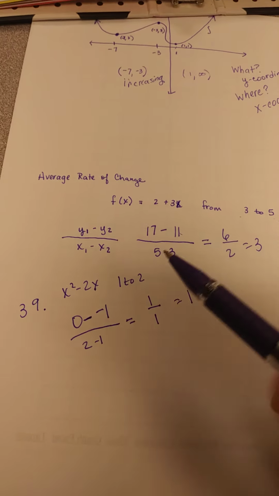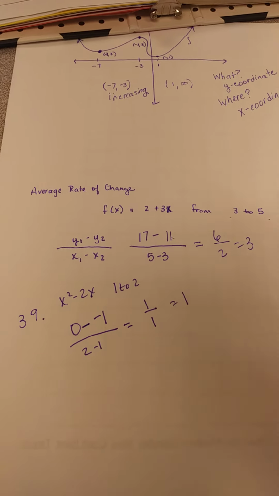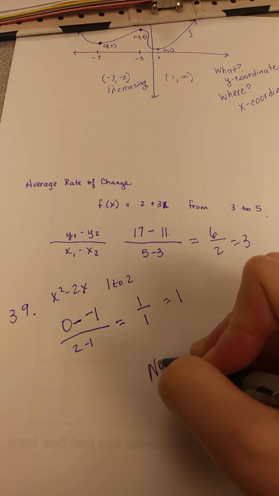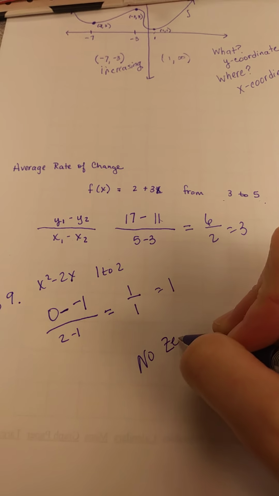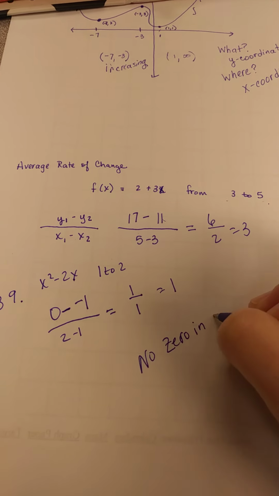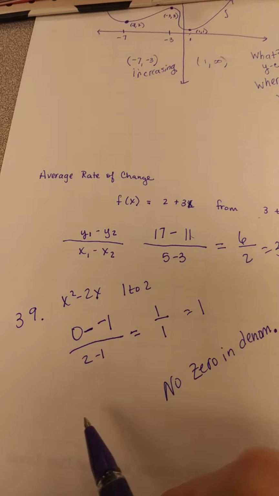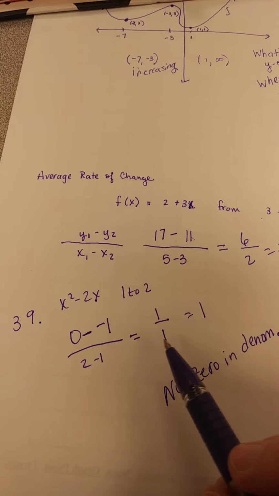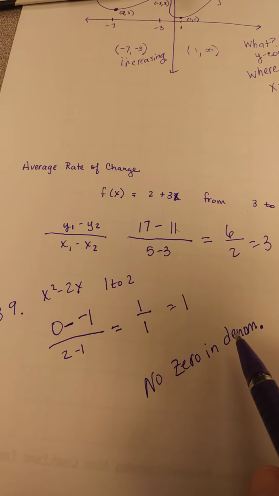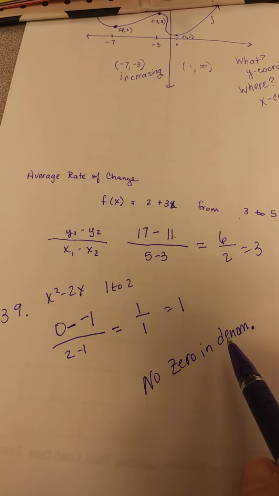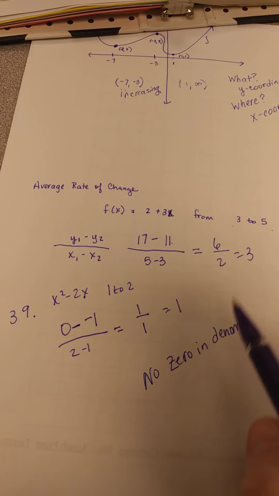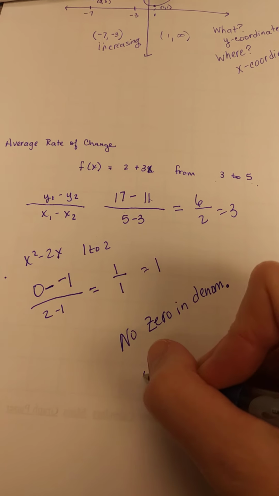Okay, now, the only thing you have to be aware of is no zeros in the denominator of your answer. So it's okay to have a 0 in your work, but when you get your final answer, no 0 in the denominator means no solution. You can get a 0 in the top.